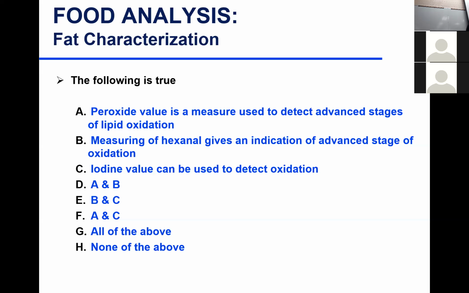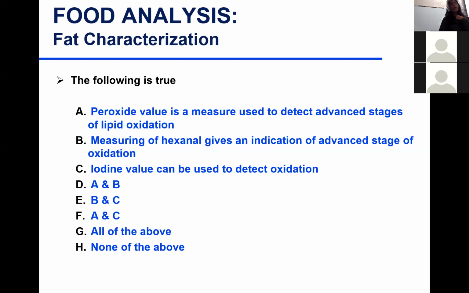A is wrong. Peroxide value determines peroxides, and peroxides are the primary oxidation products. So when unsaturated fat oxidizes, your first reaction products are peroxides.